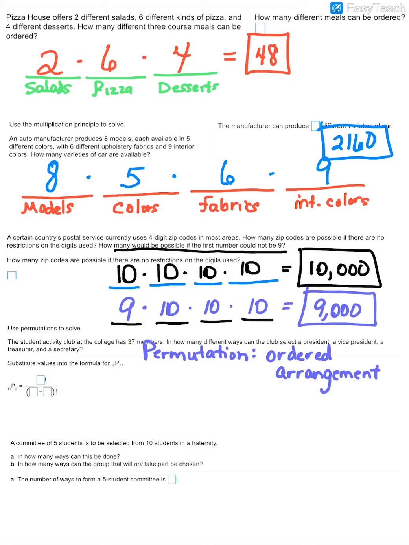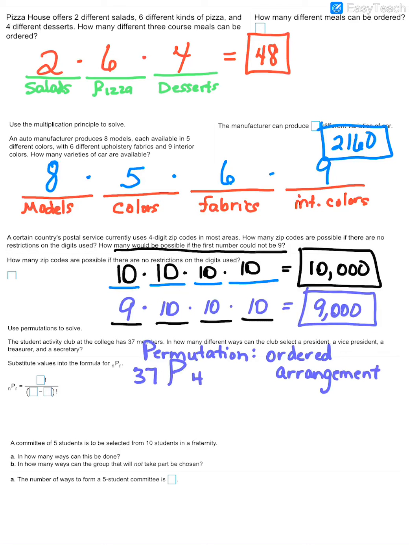So in this particular example, we have a student activity club at the college. There are 37 members. In how many different ways can the club select a president, vice president, a treasurer, and a secretary? So there are 37 members. They are choosing 4 offices, and we're using a permutation.